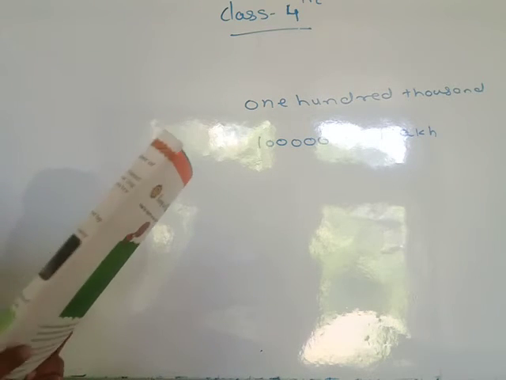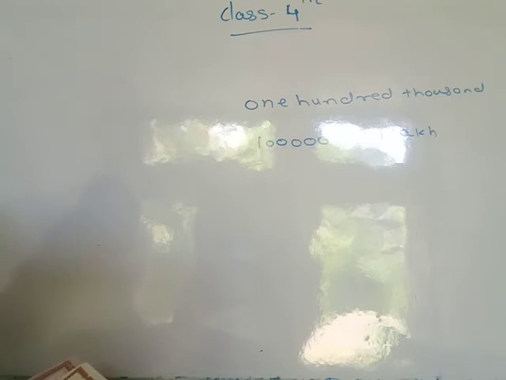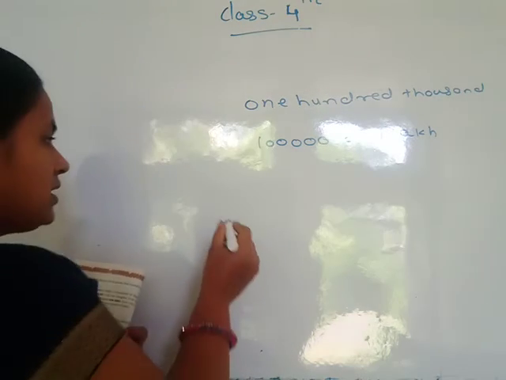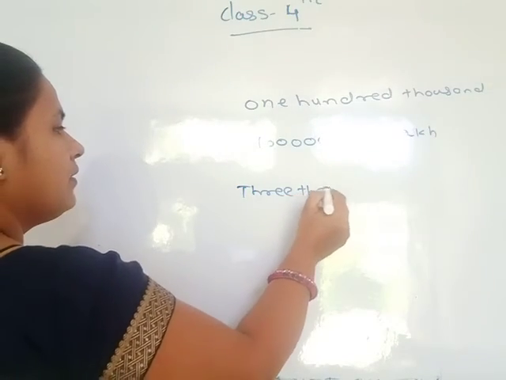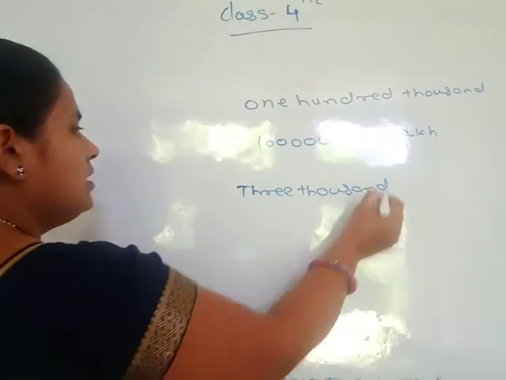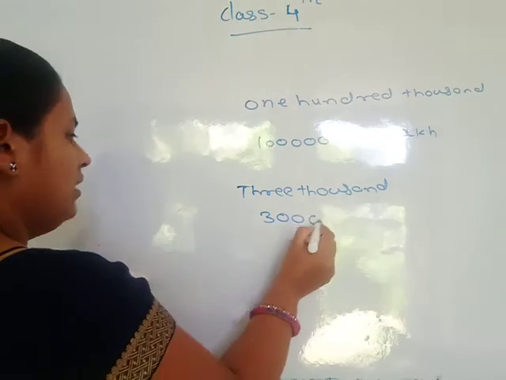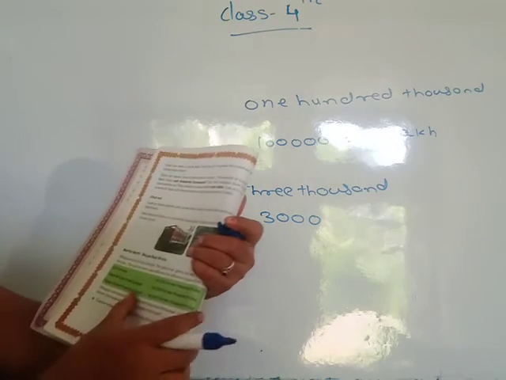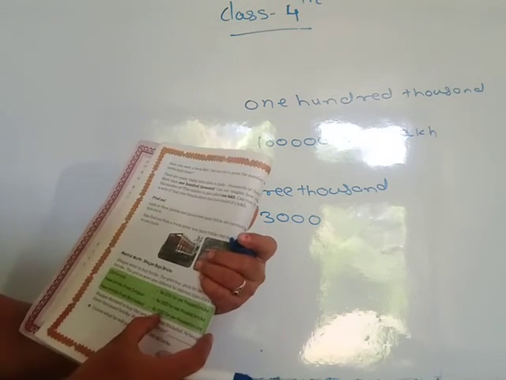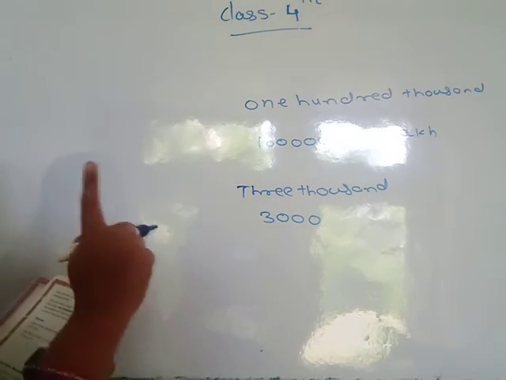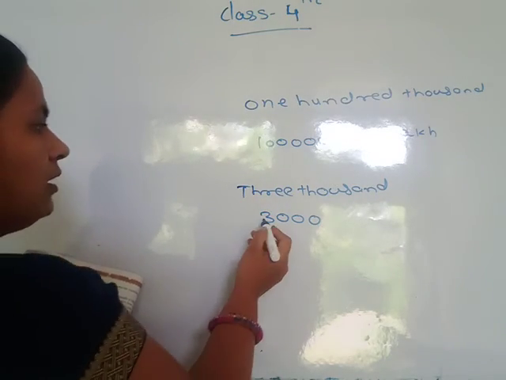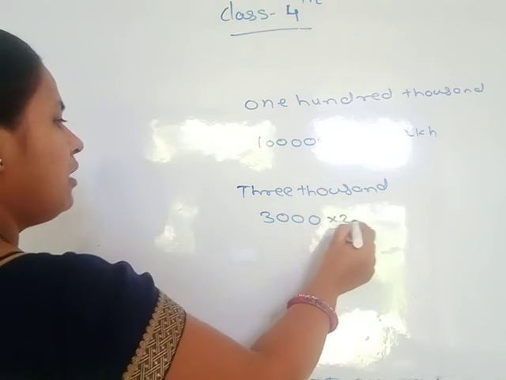Then how much did he pay? He bought how many bricks? 3000. See here, 3000, and for 1000 bricks the price is 2000. Then 3000 into 2000.